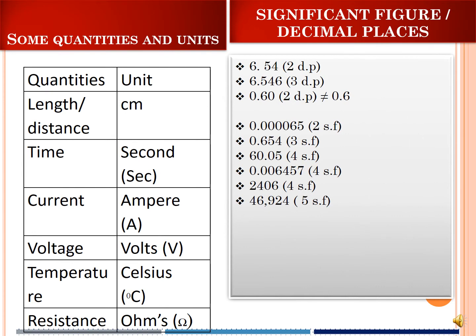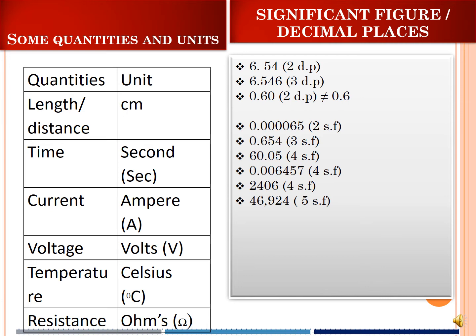Some quantities and their units. Let's look at length or distance. The unit for length is centimeter. It must be observed that the international unit is meters, but during experiments, our meter rule is calibrated in centimeter, so we must ensure that we use the right units in our observation.